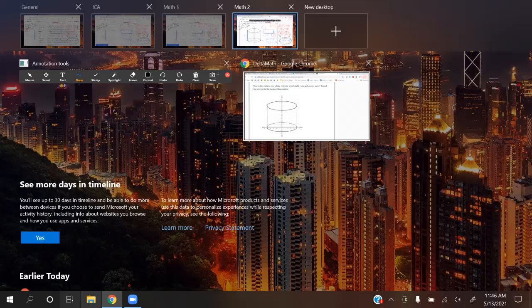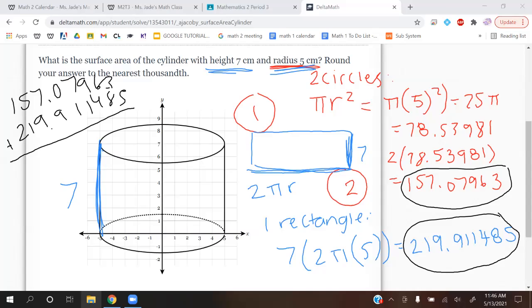Let me type it on my calculator now. And I get 376.9911158. Okay, so we're going to answer to the nearest thousandth.